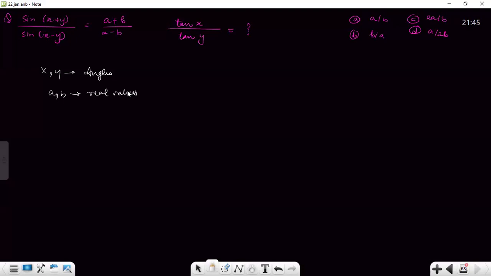So there are some options, of course. 60 and 30, or 45 and 15, or 30 and 15. There are multiple options. Let's take the most convenient one, 60 and 30.